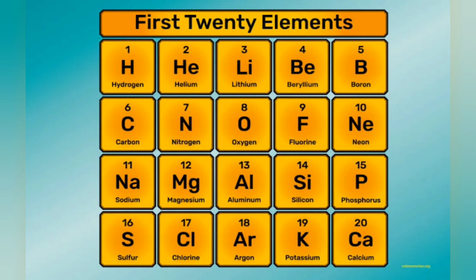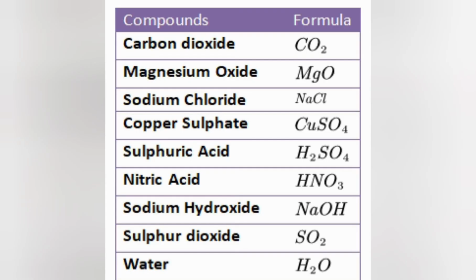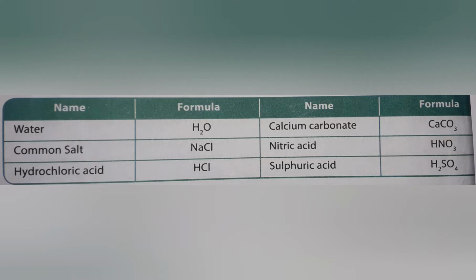Like that, different chemical symbols of different elements combine to form chemical formula of a chemical compound in a particular ratio. The chemical formula of water is H2O and the chemical formula of common salt is NaCl.